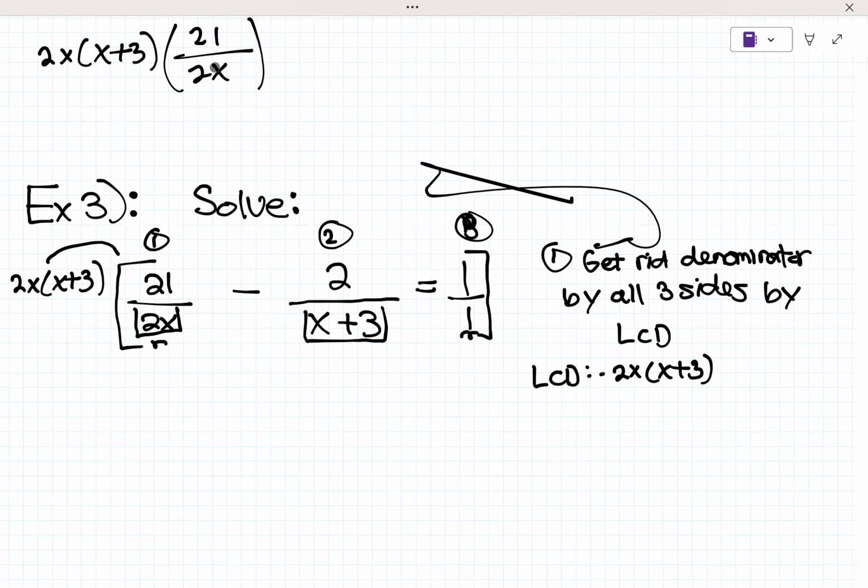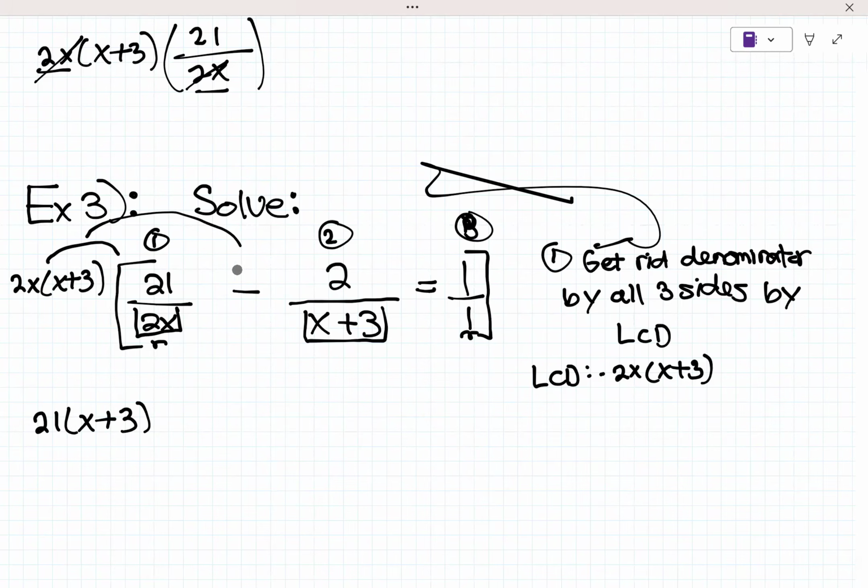As you can see, the 2x are the same top and bottom, so cancel, cancel. Then you're just left with 21 and x plus 3. So we're left with 21 times x plus 3. Don't FOIL it out yet. Just continue. That was the first part.